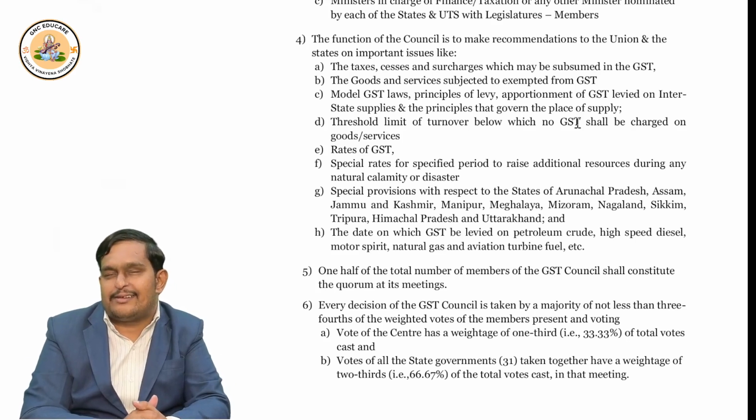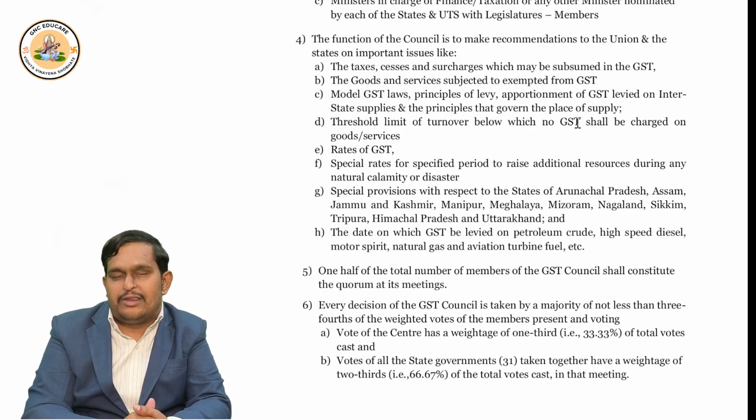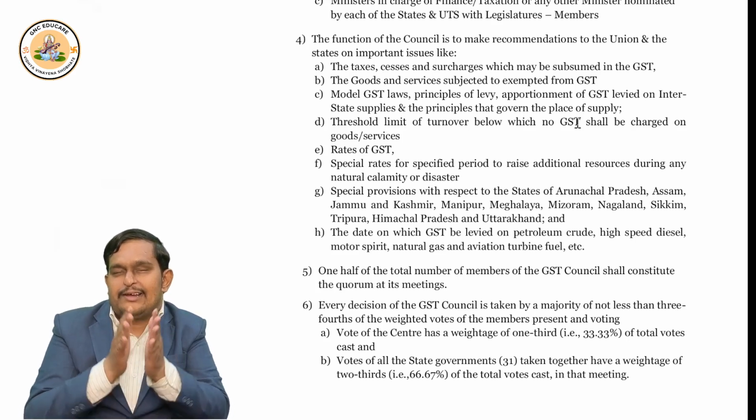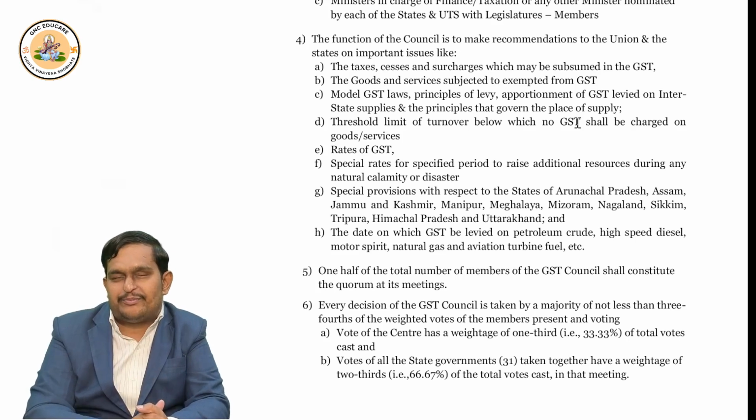So they decided this. I already said to you that India is a dual GST model. That means both center and state collect the GST simultaneously, and in their bank accounts separately their share is deposited. So model GST we discussed.